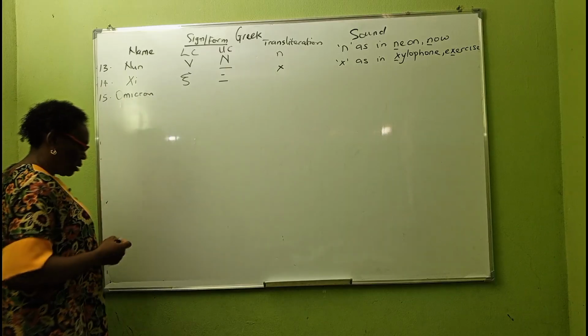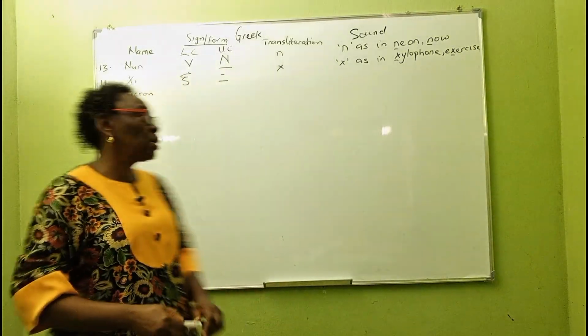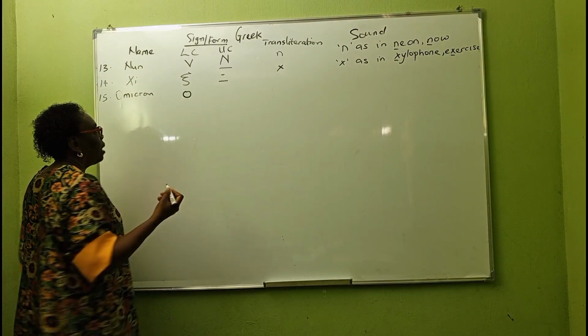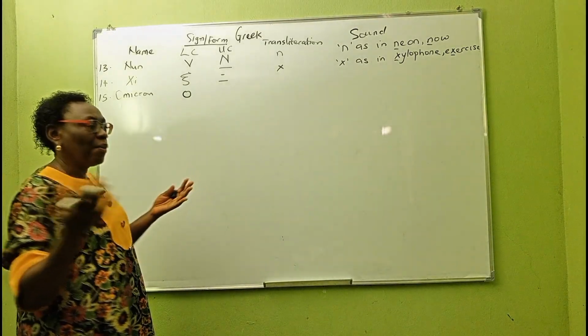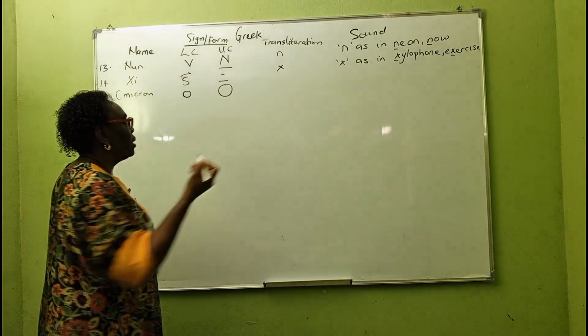Omicron. Take note of the pronunciation. It's an O sound. Omicron is just O, and the capital letter is just a bigger letter. So that's our Omicron.